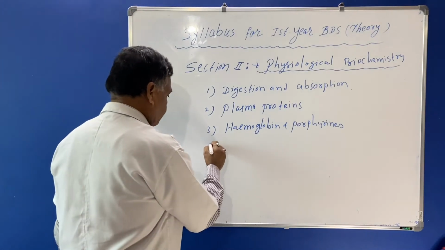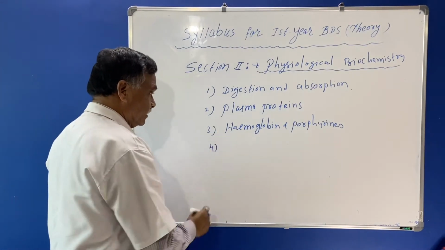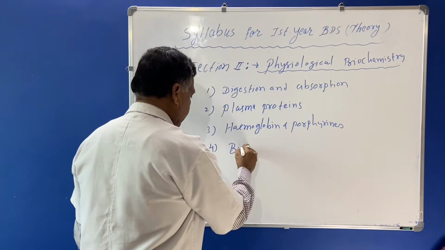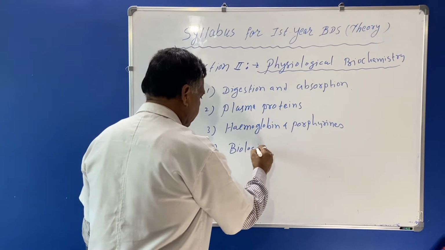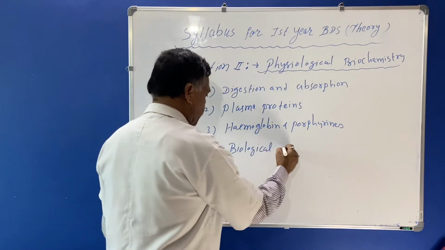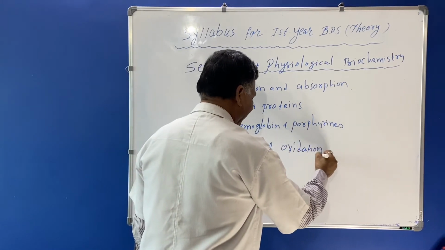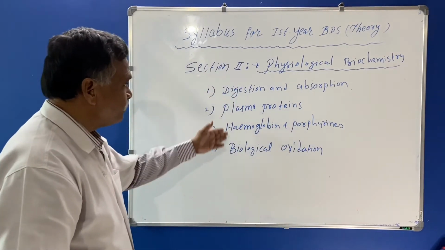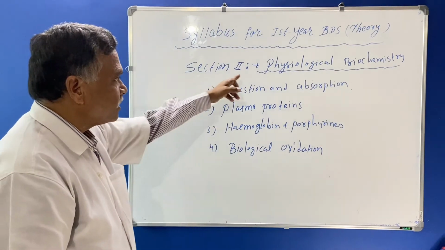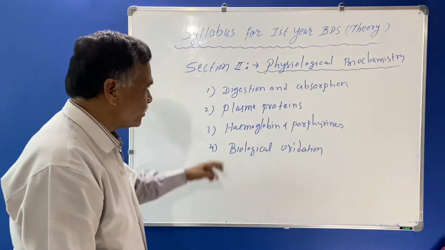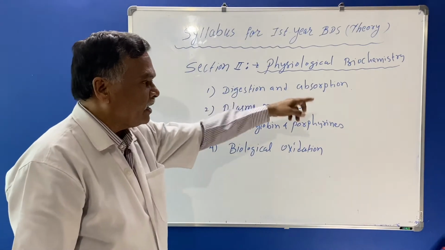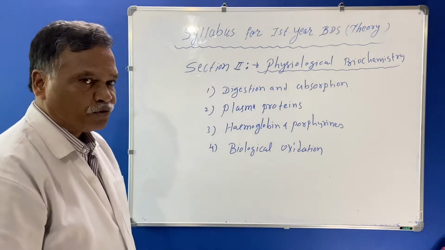Then fourth one is biological oxidation. These are the chapters covered under the heading physiological biochemistry. Digestion and absorption of the constituents.